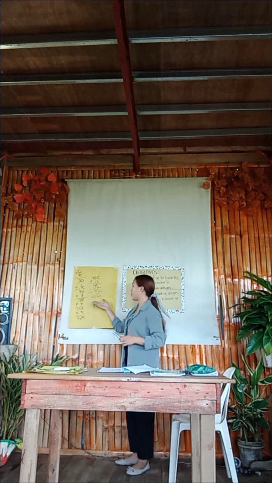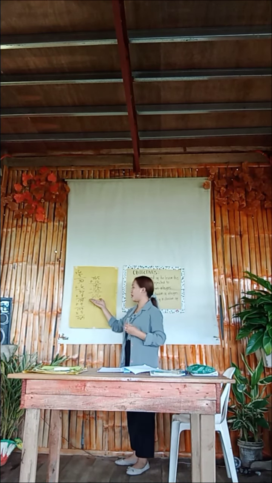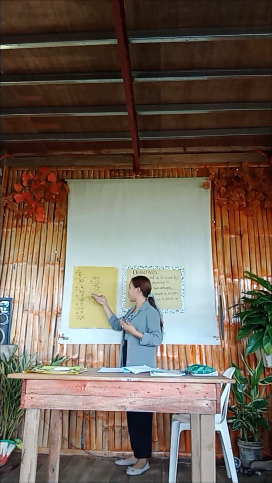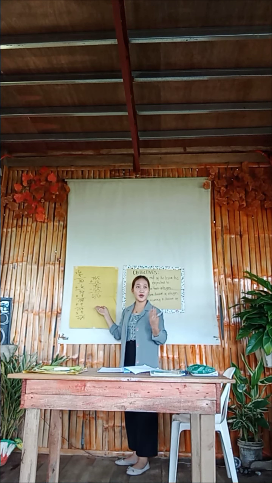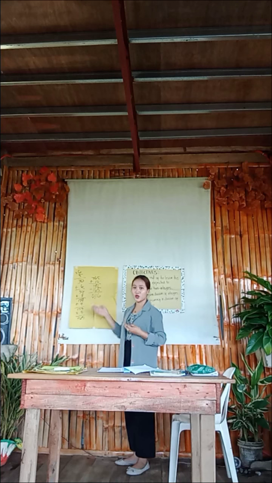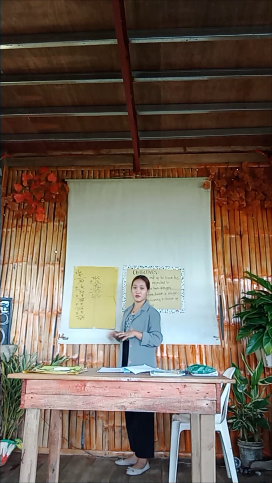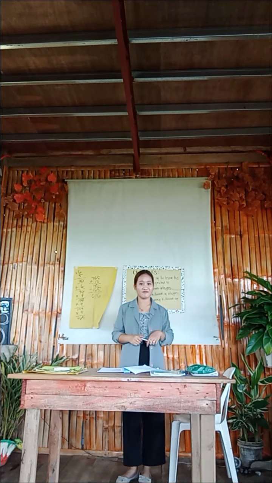And for this explanation, my birth month is June. Then the number is 6. Then my birthday is on 16. So June, then 16. Is everything clear?